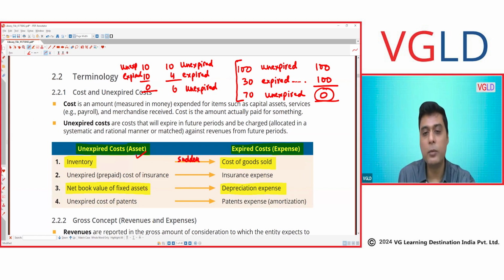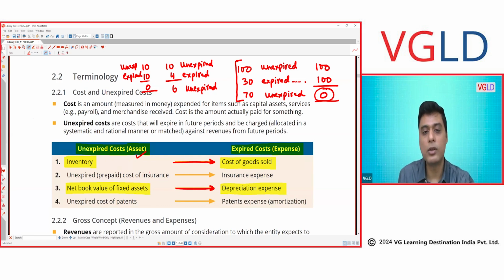But here, net book value going into the income statement as depreciation is a constant and gradual process. Every month it is depreciating. Right? So that is the difference. But eventually it will go into the income statement. From the balance sheet, it will go to the income statement.